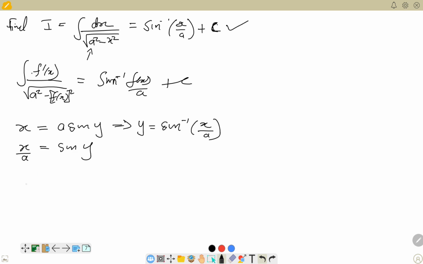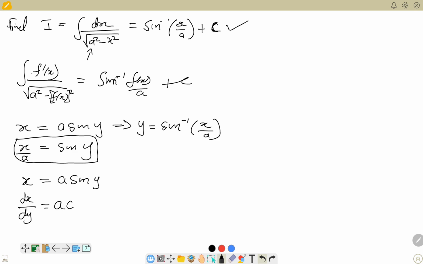Then again, from x equals a sine y, we can find dx over dy. A is a constant, so it's exactly the same as what we did previously, but the difference now is that our constant is a.